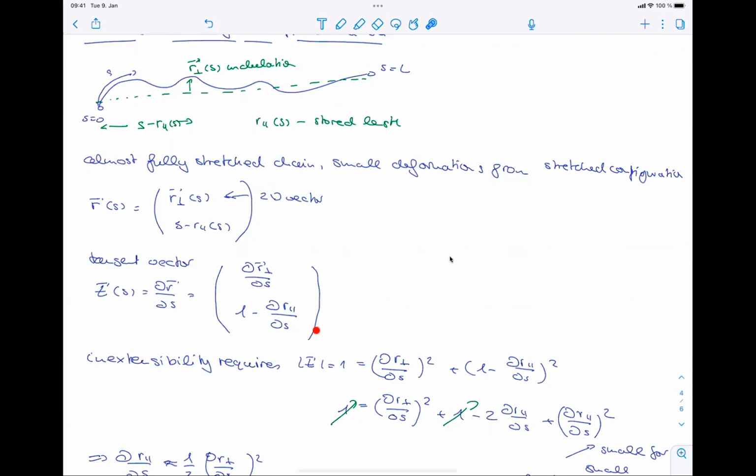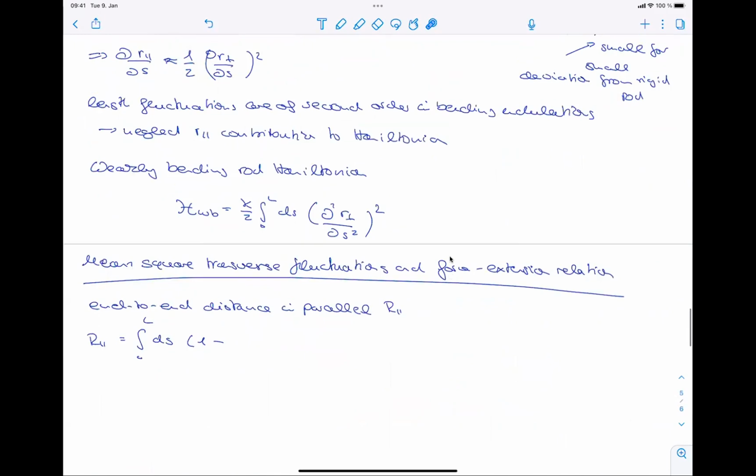The tangents are 1 minus dr parallel ds, so I just have to integrate over those. So that's 1 minus d ds of r parallel of s, which with this relationship I can write in terms of the undulations. The first integral I solve, it gives us an L, and then we have a minus. That's the length that's stored in the undulations, the half from the scaling, the integral over s, and then here we have the transverse fluctuations squared.